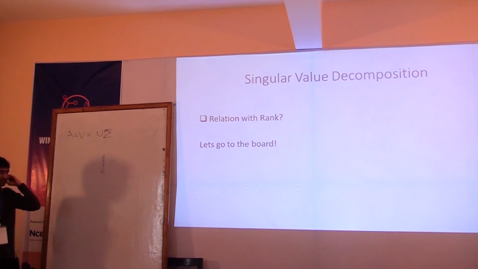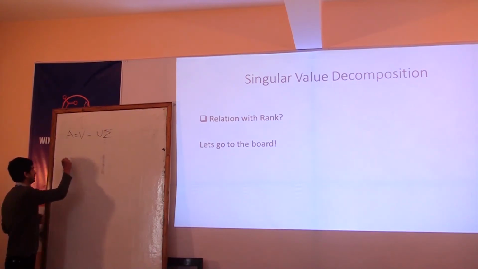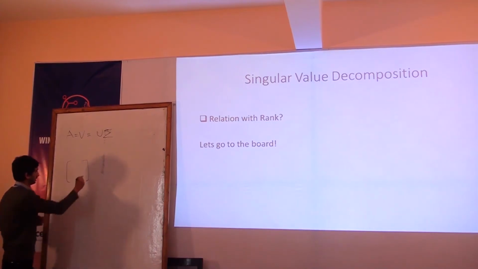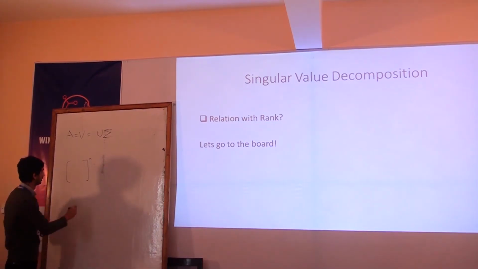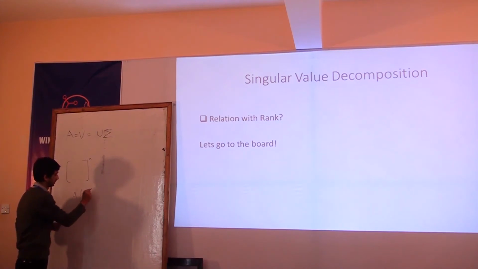So what happens is, if a matrix has a certain rank, let's say the rank is n, then you have these V columns.